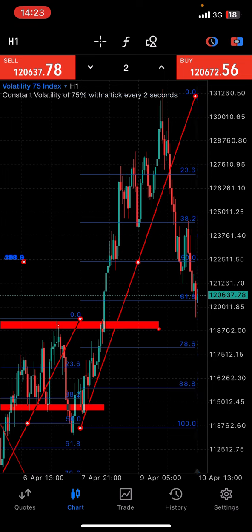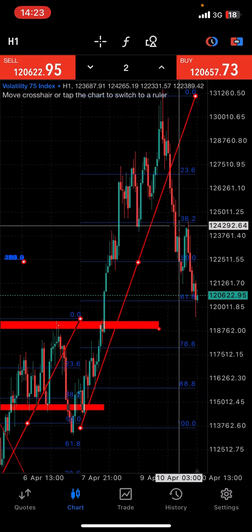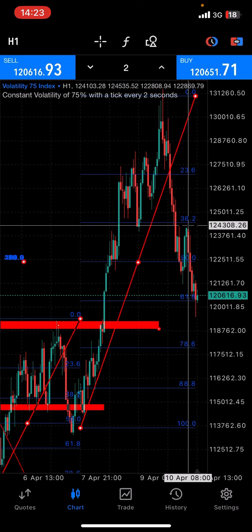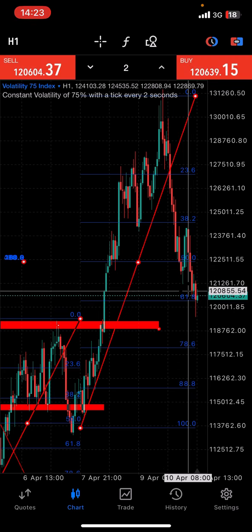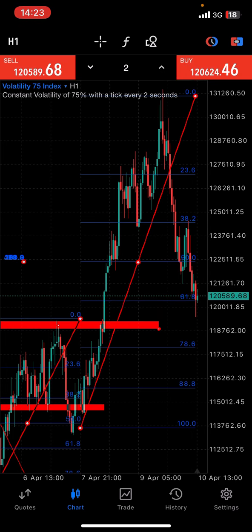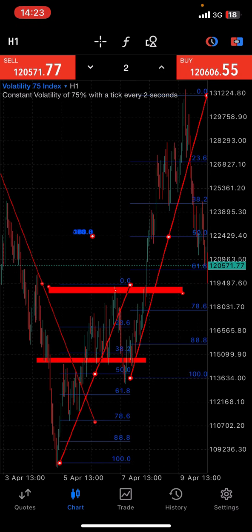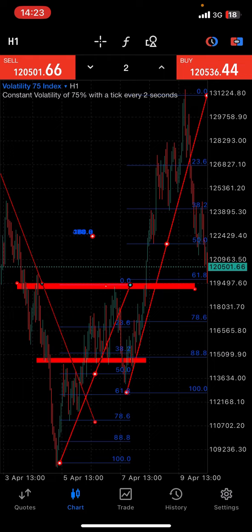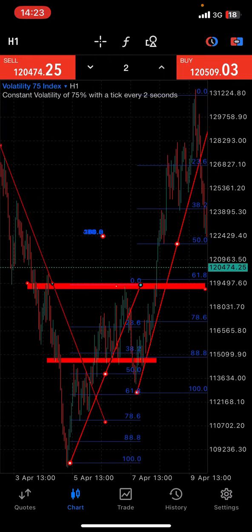You can see that the market was able to hit our 38.2, 50 and 61 Fibonacci, and you can see how the market is making a good retracement. So what you ought to do at this point is go all the way to this left hand side and find a good support. Currently this is what the market is doing.